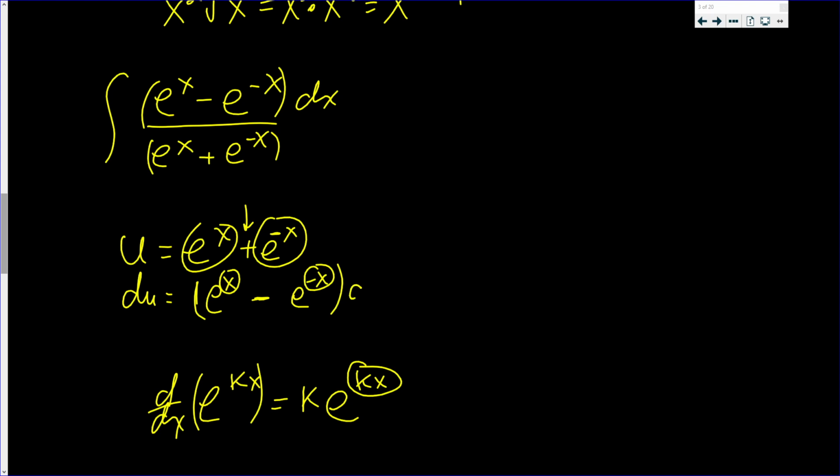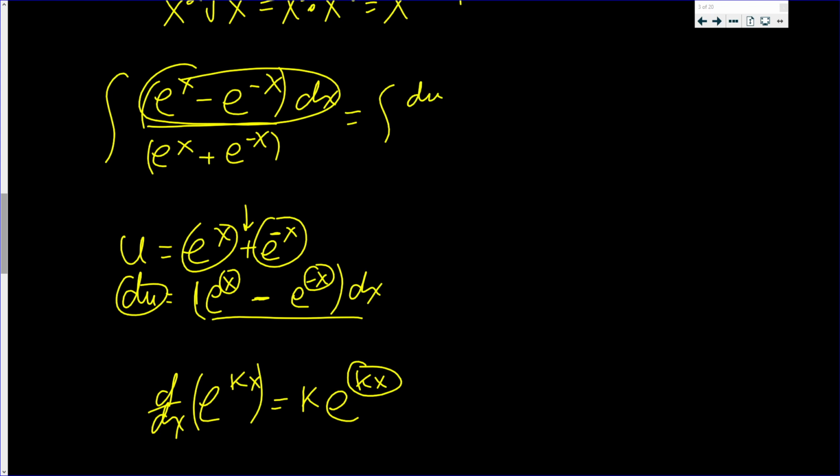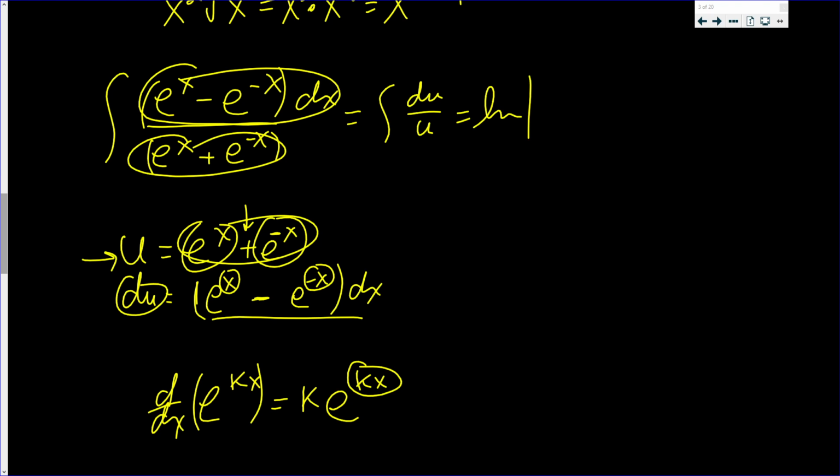And all of this gets times dx. Ooh, that's exactly what I have on top. Exactly what I have on top is du, and exactly what I have on the denominator is u. Look at that. So we get ln of the absolute value of u plus c, where u is e to the x plus e to the negative x.